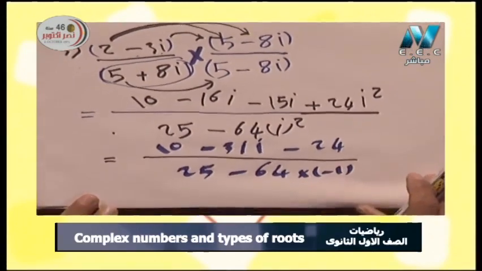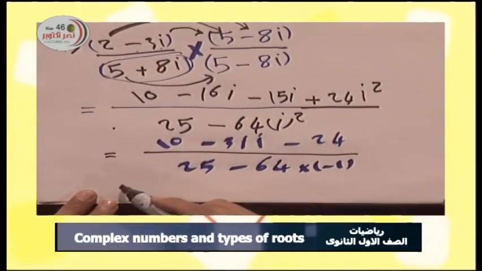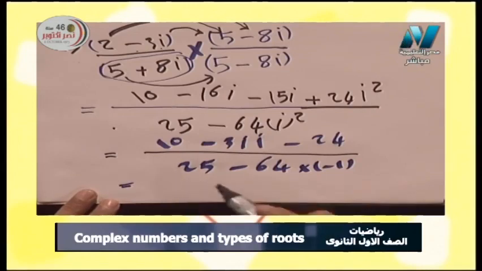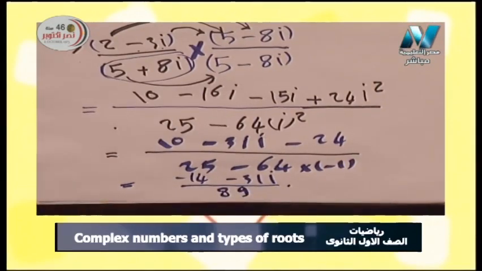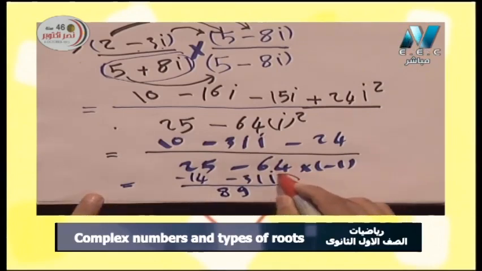Okay, the final answer here will be equal negative 14 minus 31i over 89, and it will be the final answer here.